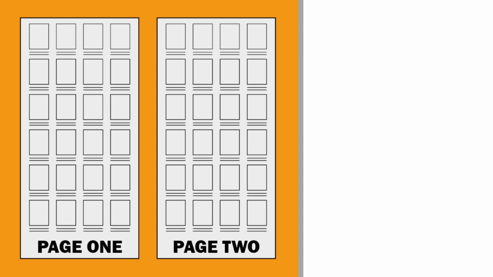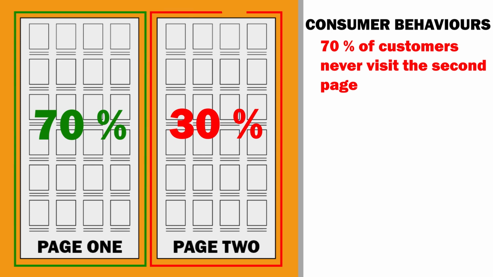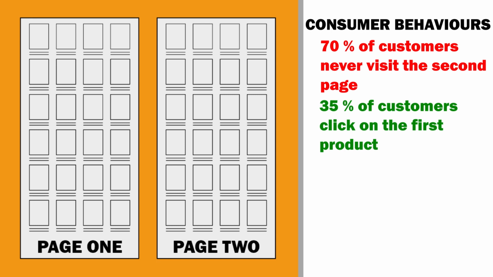Before talking about how to rank KDP low content books on Amazon and KDP keyword research strategy, I would like to give you some interesting information about consumer behaviors. Do you know that 70% of the customers never visit the second page of the search results? And when it comes to clicks, 35% of the customers click on the first product featured on a search page.